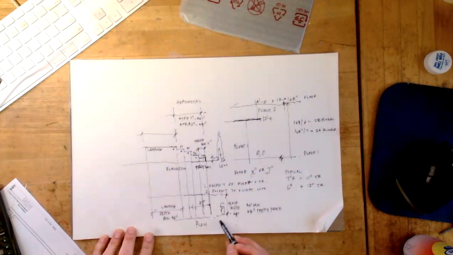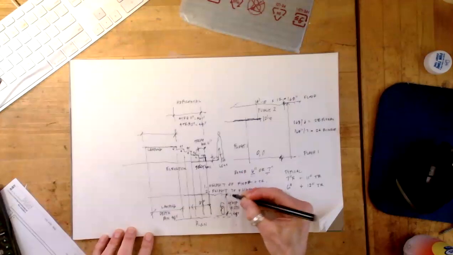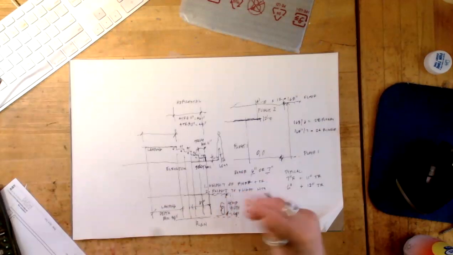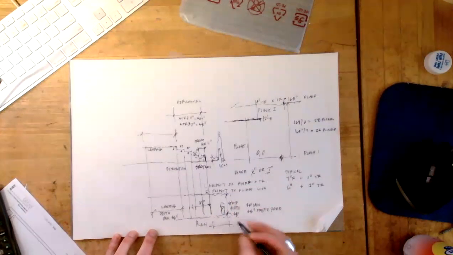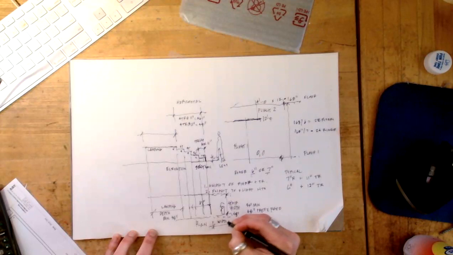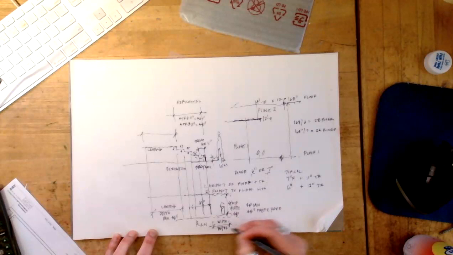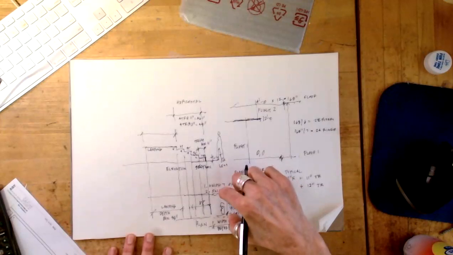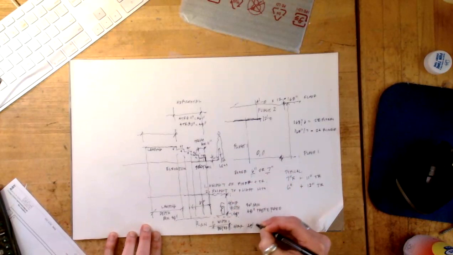So think of it as an imaginary landing space in front of the stair, before the stair begins, that is at least as wide as the stair. So that's going to be 48 inches.